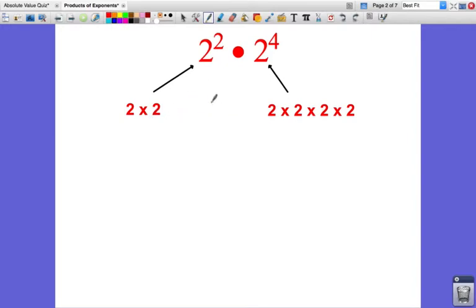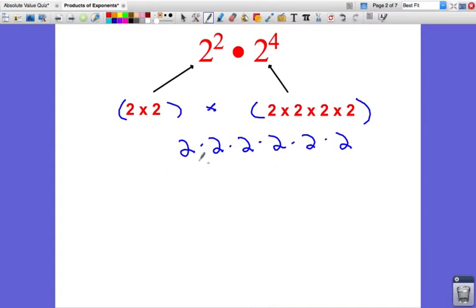Because I'm just multiplying these two pieces, I can put parentheses around them. When I combine them, I have 1, 2, 3, 4, 5, 6. I have six 2's, which is really just 2 to the power of 6.